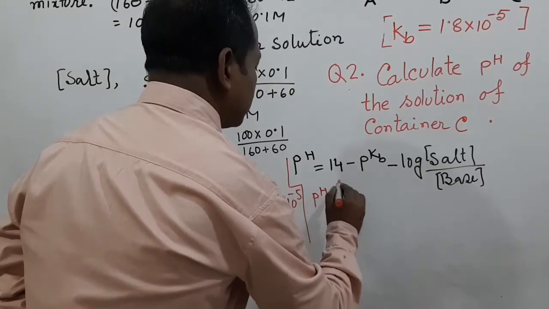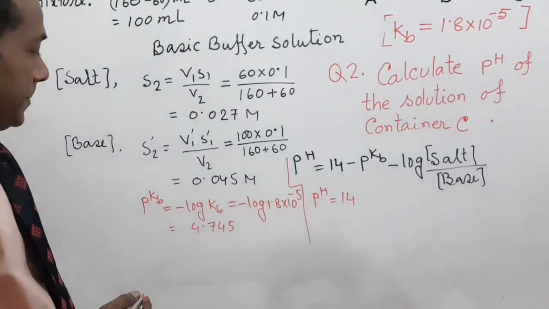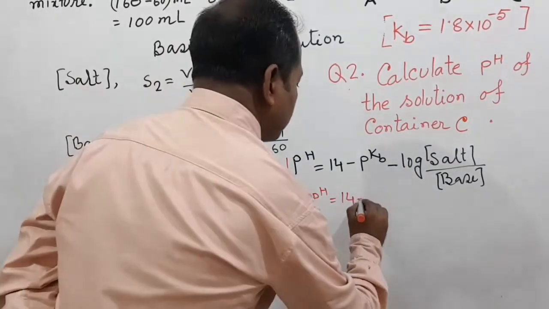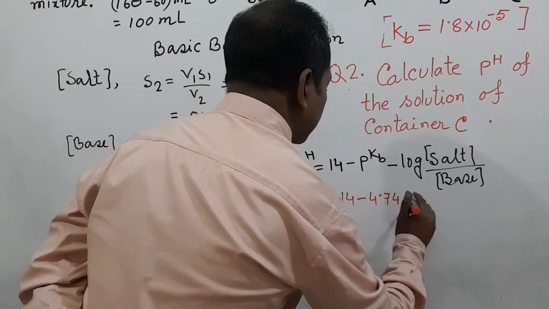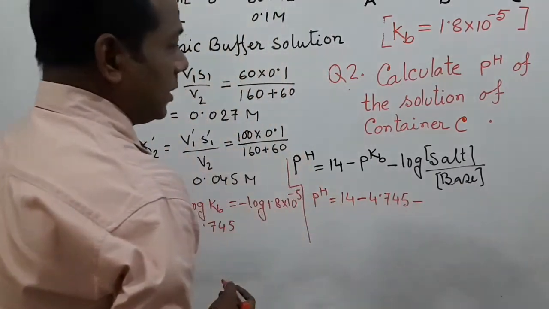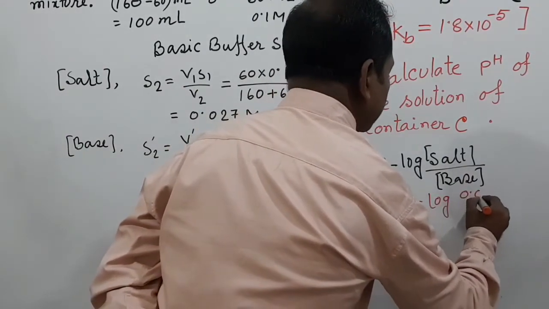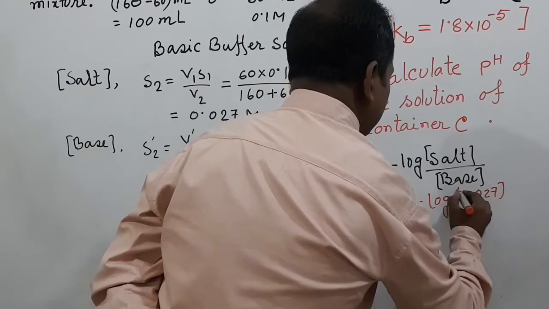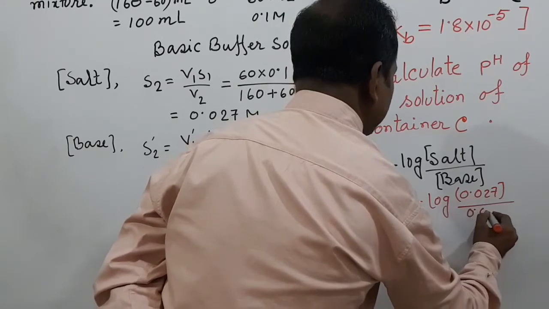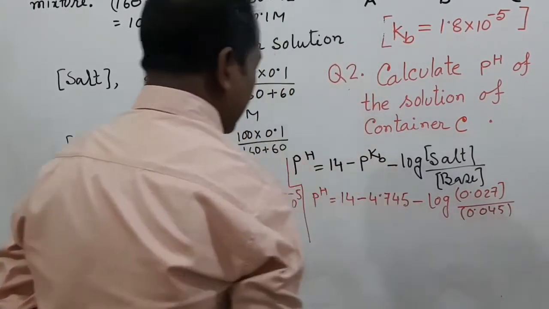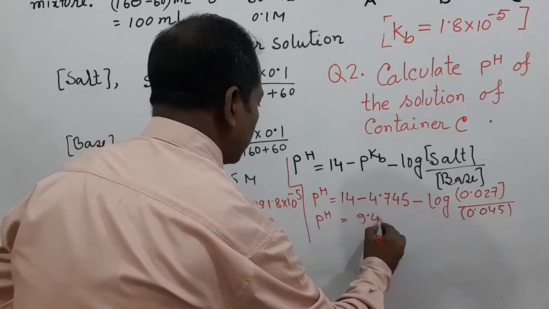So my dear students, now we calculate the pH of the mixture, and we get the formula pH equal to 14 minus pKb value, 4.745, minus log of concentration of salt, that is 0.027, divided by the molar concentration of base, that is 0.045, my dear students, and we get the value pH equal to 9.47.